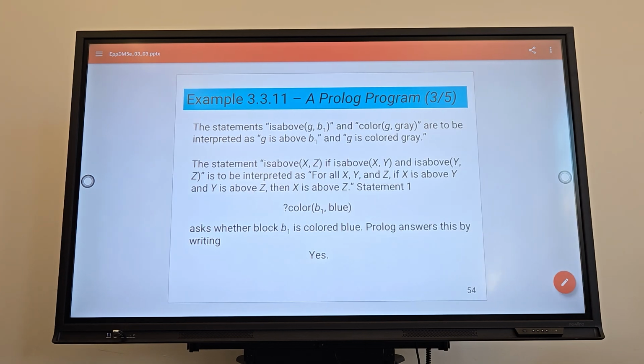So this goes through the logic of those statements.